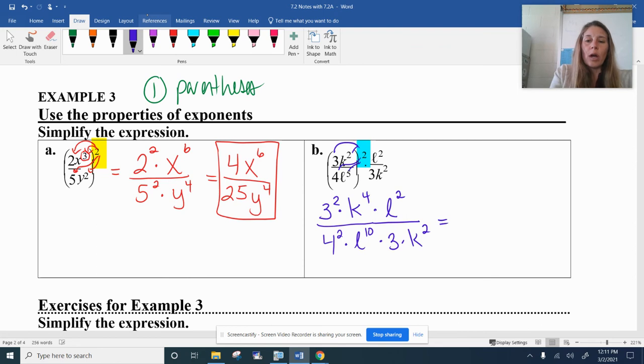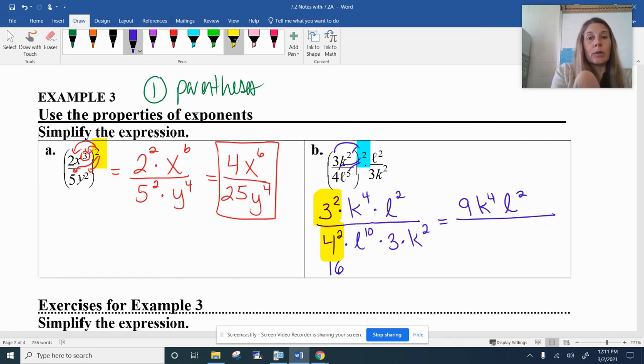So now we want to start making sure we simplify any exponents. So this was 3 squared, which of course is just 9. And I have my k to the 4th, and then I have my L squared. On this part, I have a 16, because 4 squared is 16, but notice I also have a 3 down here.